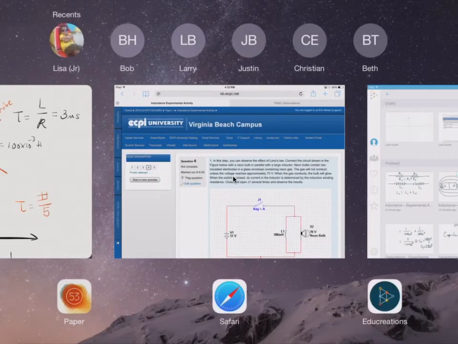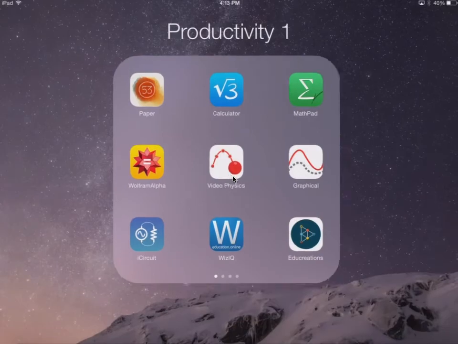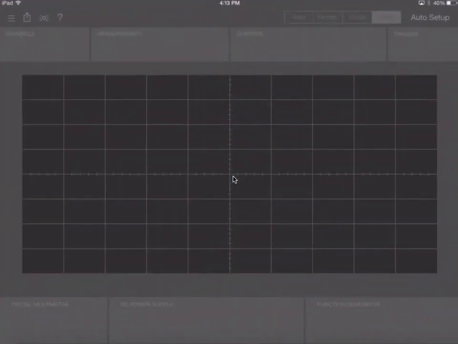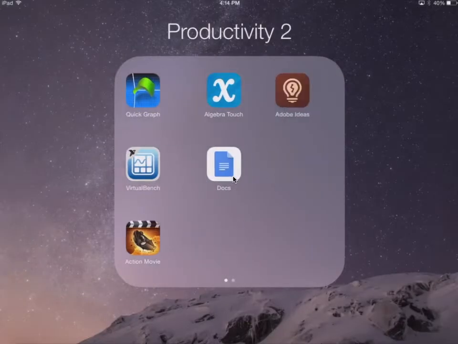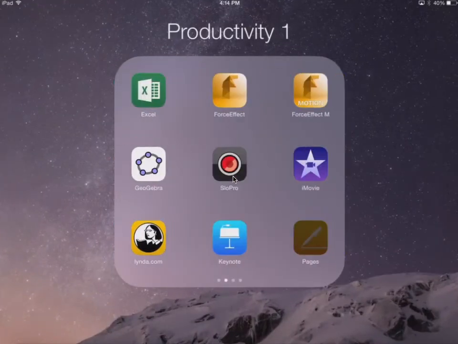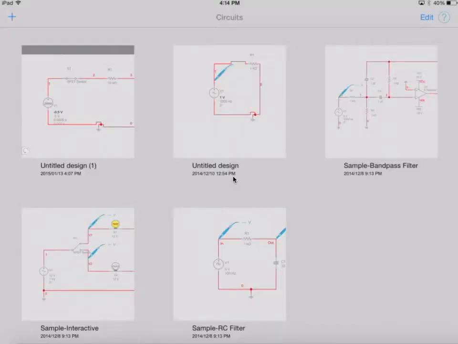It didn't really work well for iCircuit, so we're not going to use iCircuit. And nope, that's the wrong one. That's Virtual Bench. It's not in that one, it's right here. There it is. It's Multi-Touch, and it's free. It's by National Instruments.